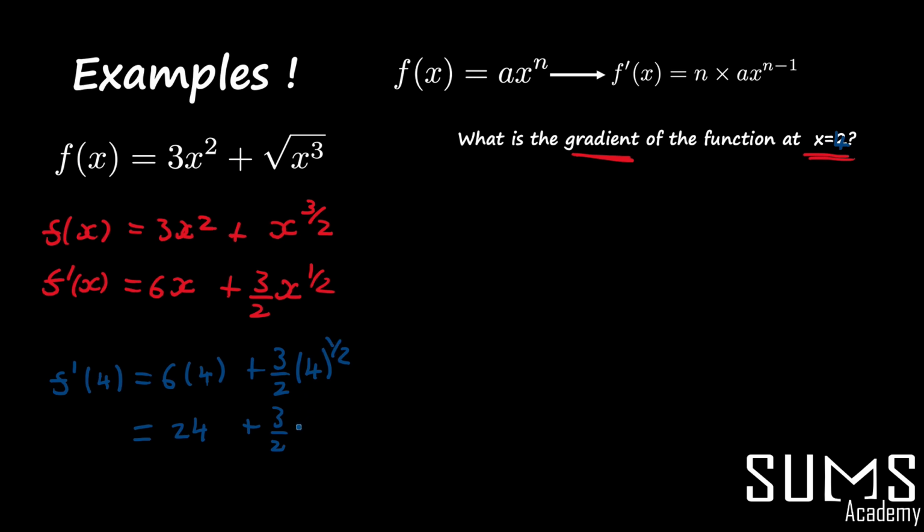So the square root of 4 is just 2. So this equals 24 plus 6 over 2, which is the same as 24 plus 3. So that's just equal to 27. So the gradient of the function f of x at x equals 4 is 27.